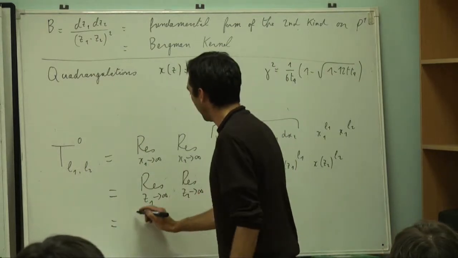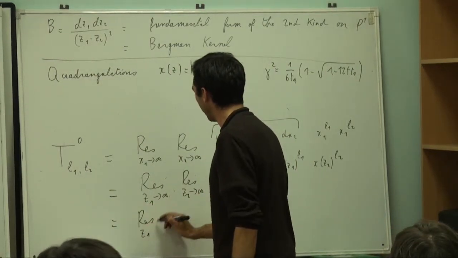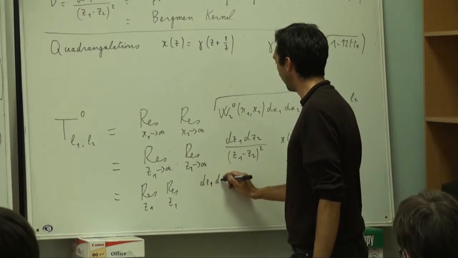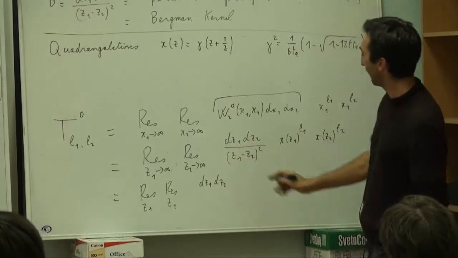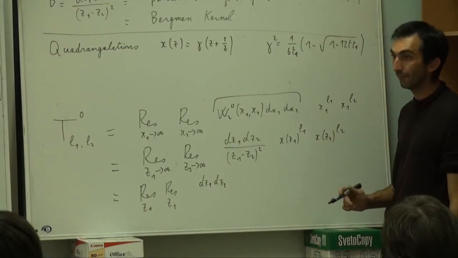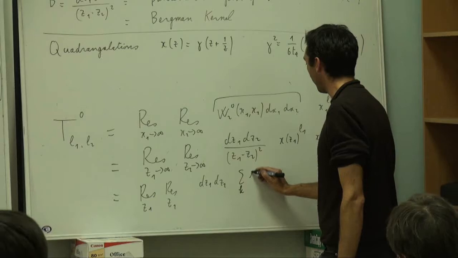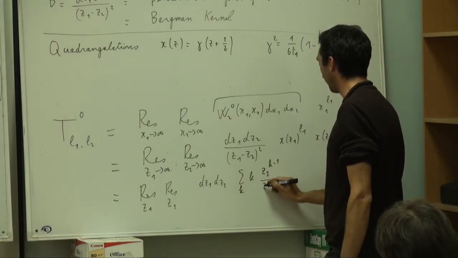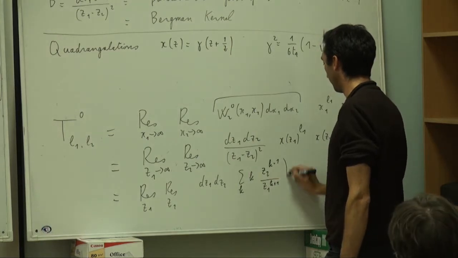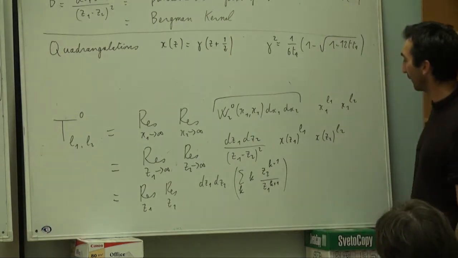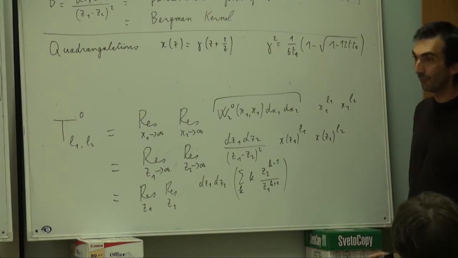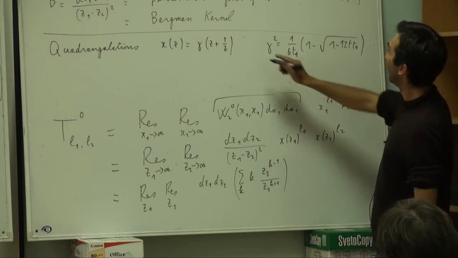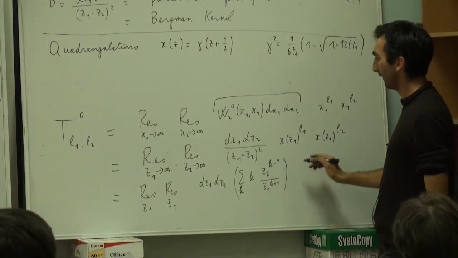So we just get the residue in z1 and the residue in z2 of the expression with dz1, dz2. Let's expand that as a power series at large z1: the sum over k of k z2^(k-1) over z1^(k+1). So I'm first computing the residue in z1 and then the residue in z2. So x of z1 will give gamma to the power L1 times this quantity.